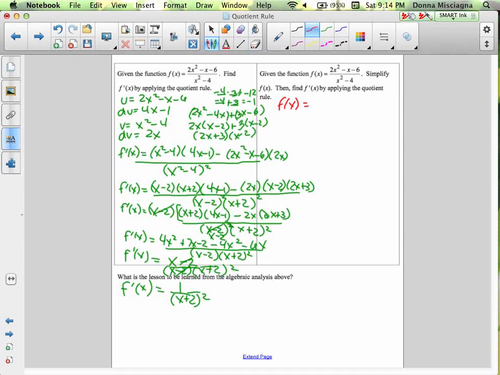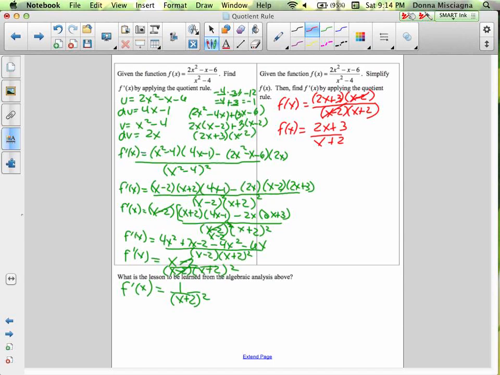That was 2x plus 3 and x minus 2. And then this would be x minus 2, x plus 2. Cancel those out. So now we have f of x equals 2x plus 3 divided by x plus 2.